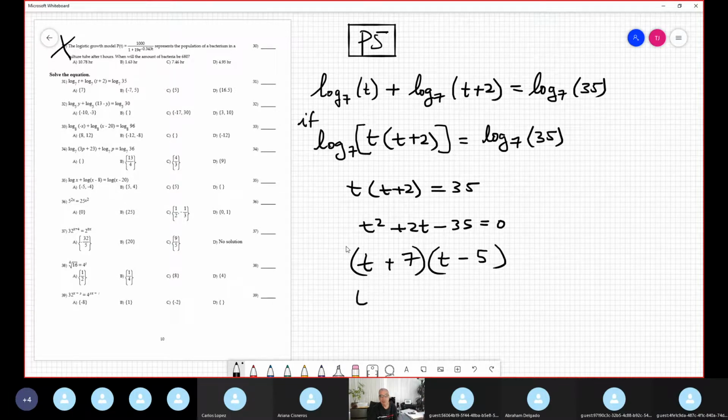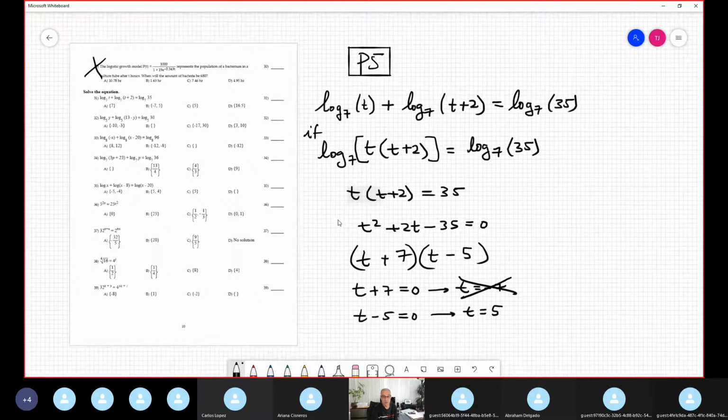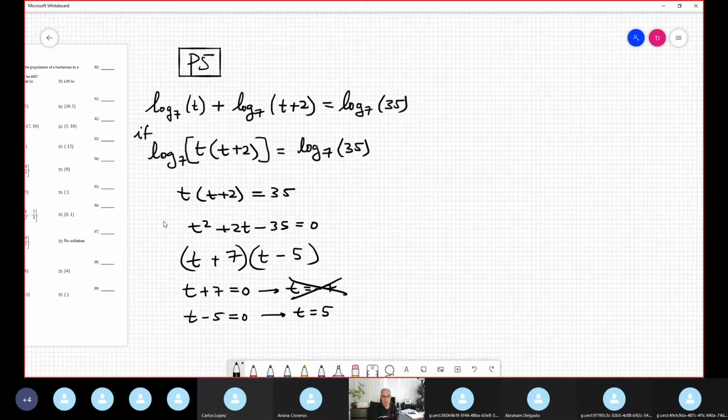Therefore t plus 7 equals 0, t equals negative 7. Immediately I discard this answer because a negative number inside the logarithm is undefined. And t minus 5 equals 0, t equals 5. Okay? As always happens in a logarithmic equation, you have to check it. But it's easy.